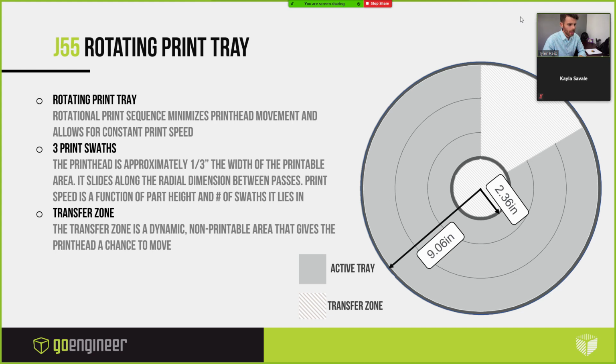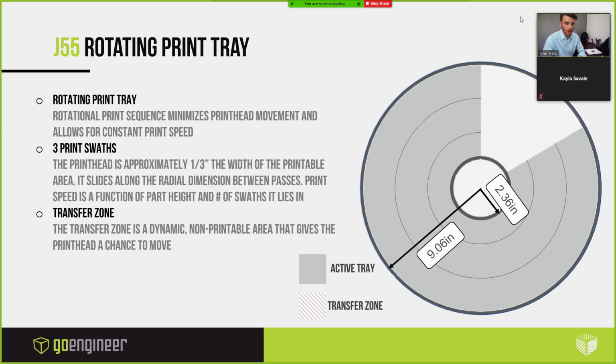But anyway, we don't put parts in that transfer zone because that's the zone where the head's going to move. It's going to have to transition over. The lamp sits separate and is stationary. You also see 3 swaths or paths, rings, I guess, on the build tray. And those correspond to the width of the print head.